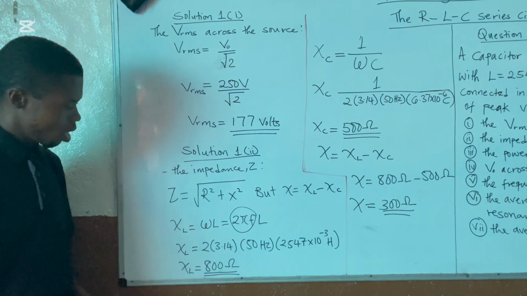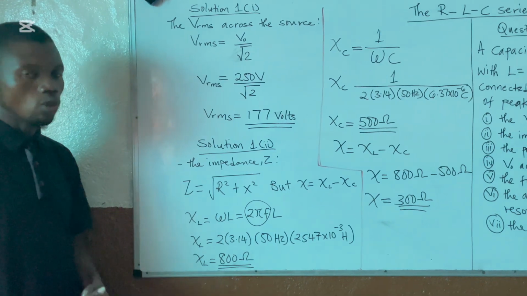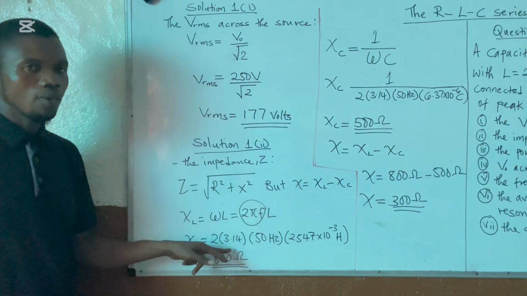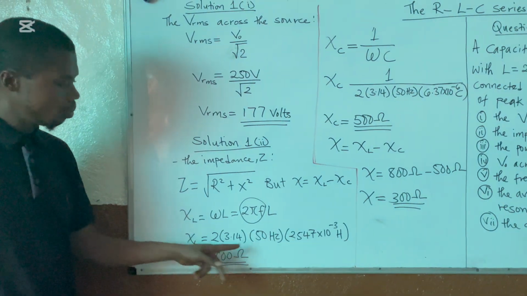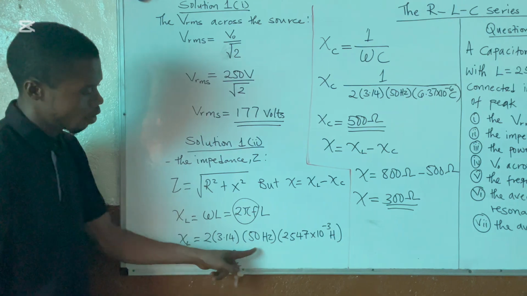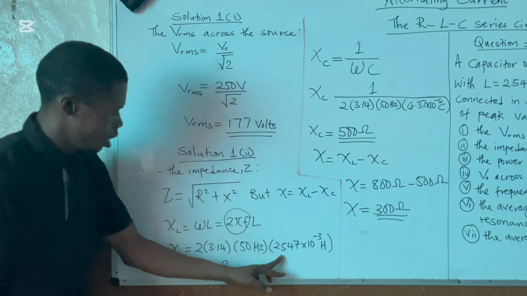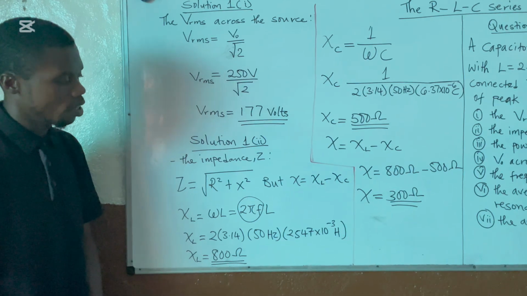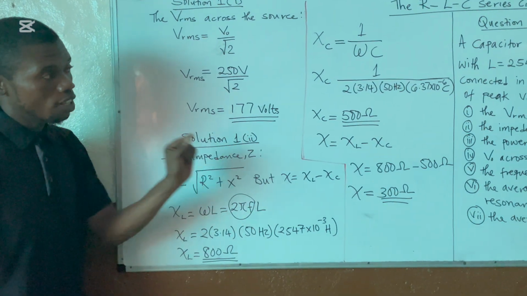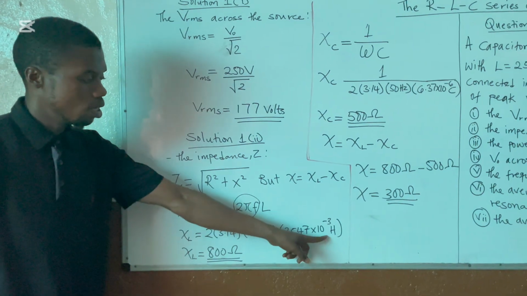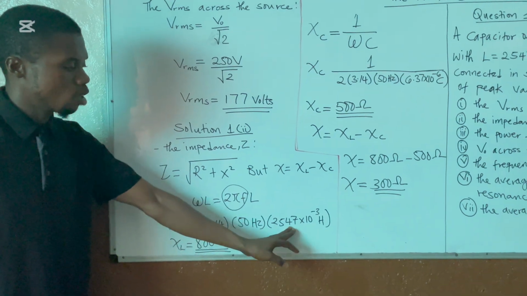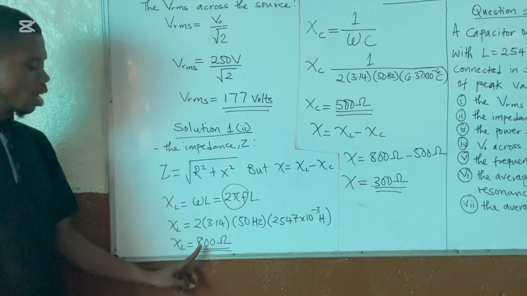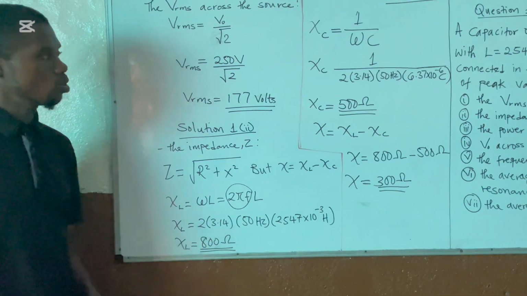We have 2 pi, and we're going to use 3.14 for pi. The frequency is 50 hertz, and the inductance is 2,547 millihenry, which we convert to henry: 2,547 times 10 to the power negative 3. We multiply that and we get 800 ohms.